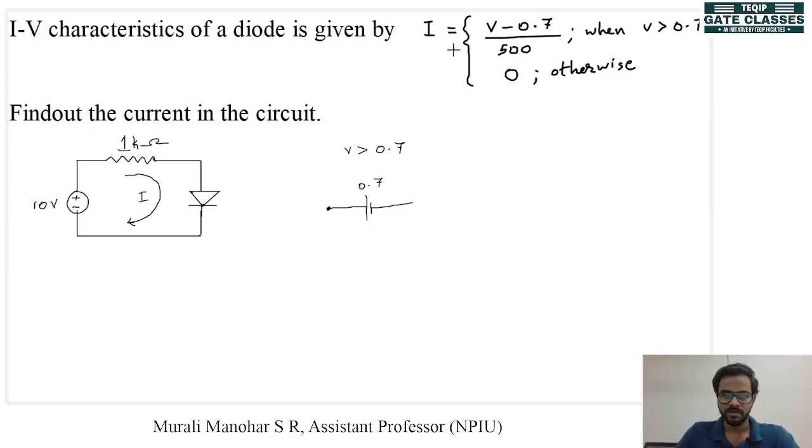And for the voltage and current relation, there is a constant determining that relation, given by the number 500. So that constant must be a resistance value of 500 ohms, and then there will be an ideal diode. Across this we have the voltage V.